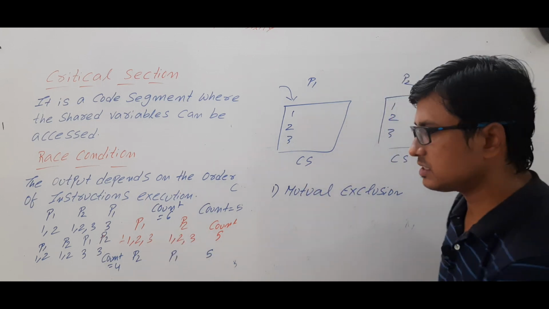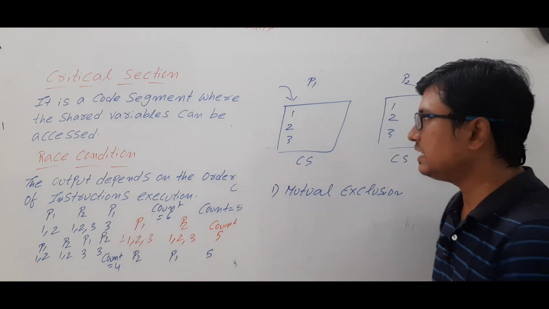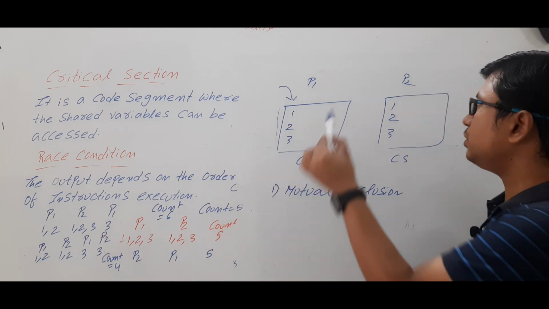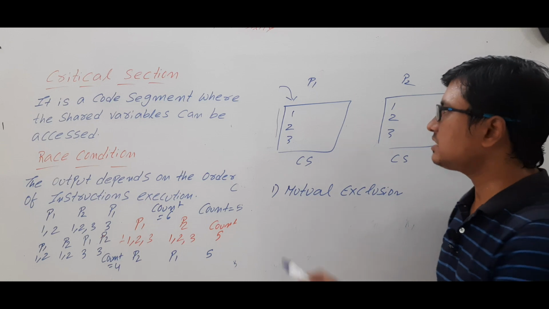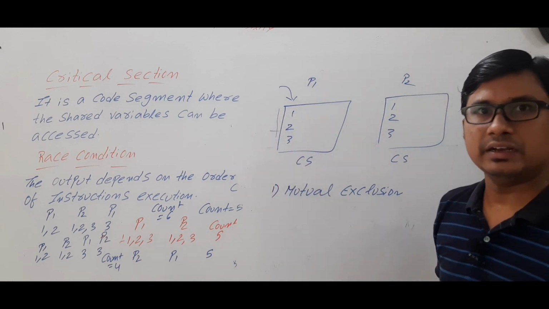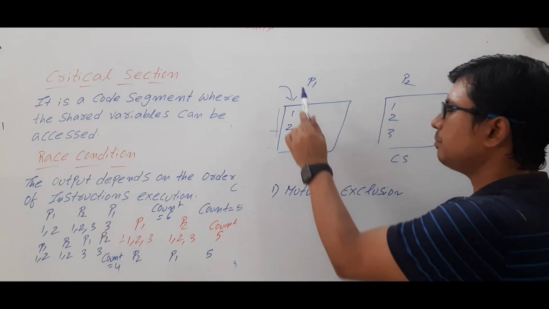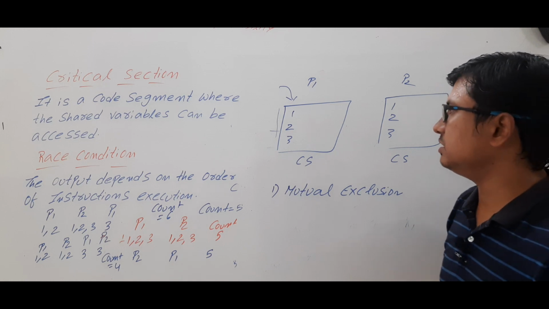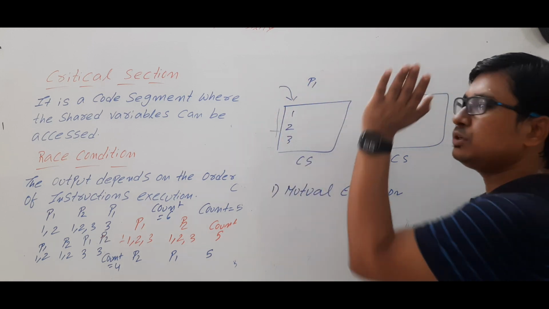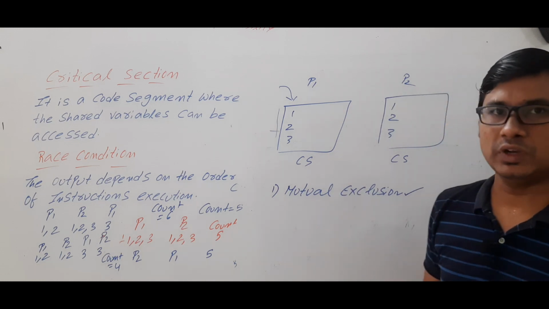Let's take that this is a critical section with 1, 2, 3 instructions. When process P1 enters, it should complete these instructions and then leave. Then only process P2 can enter. Let's take that when process P1 has been preempted, what will happen? Process P2 should not enter. Am I right? The main point I want to say here is that when process P1 is in the critical section, process P2 should not enter into the critical section. This concept we will call mutual exclusion.